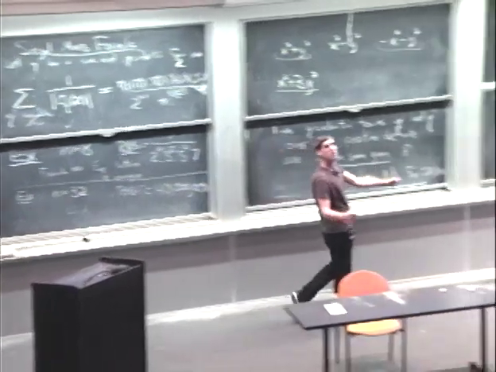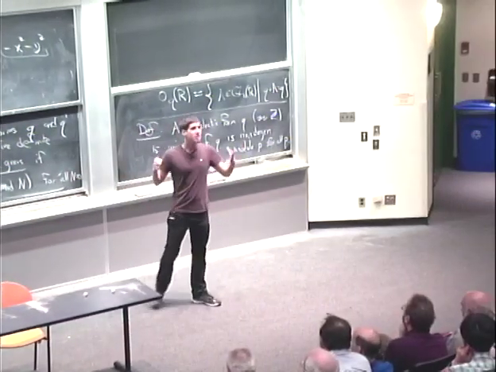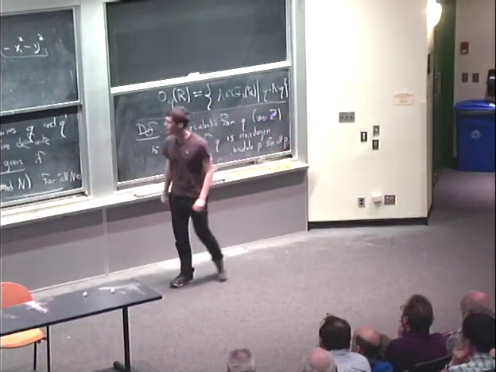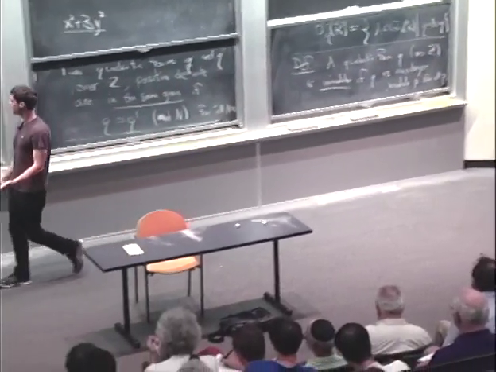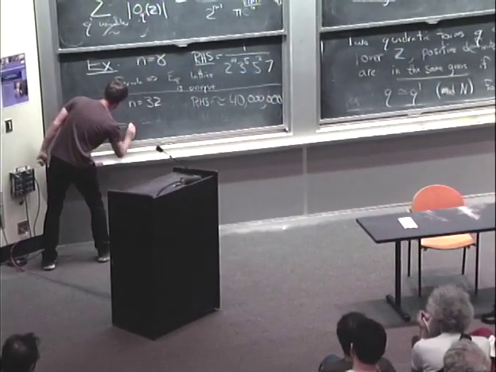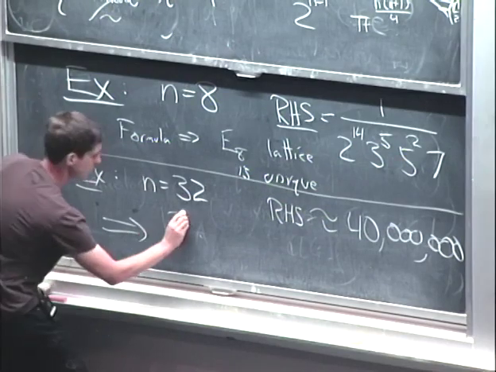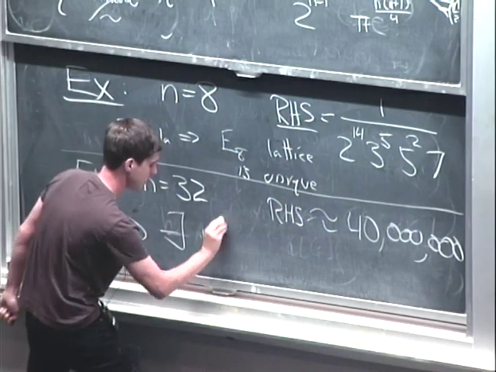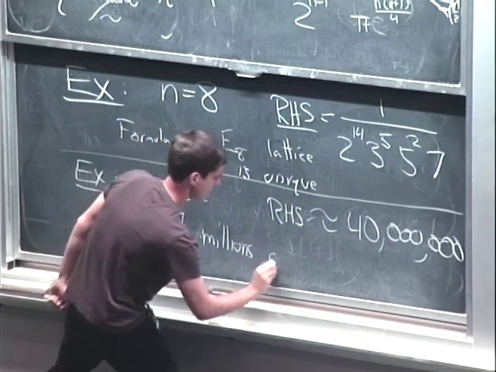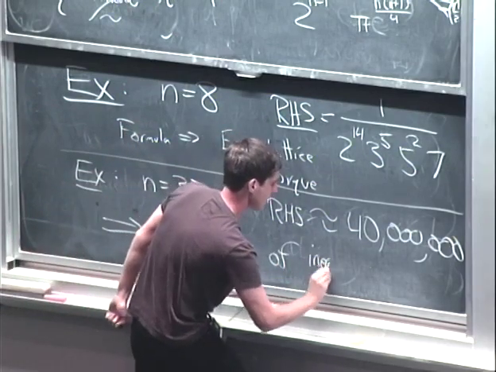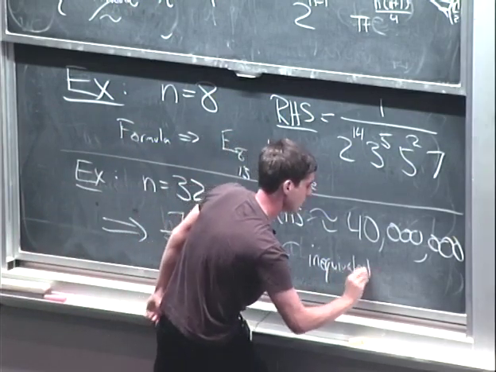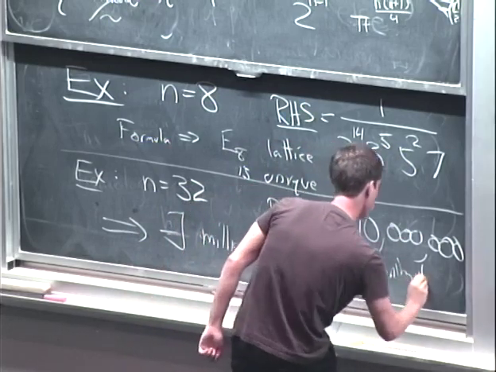So if that sum is going to be around 40 million, that means there's got to be a lot of terms. So in this case, the Siegel mass formula tells you you're never going to classify unimodular quadratic forms in 32 variables. It tells you there exist millions and millions of inequivalent unimodular quadratic forms.